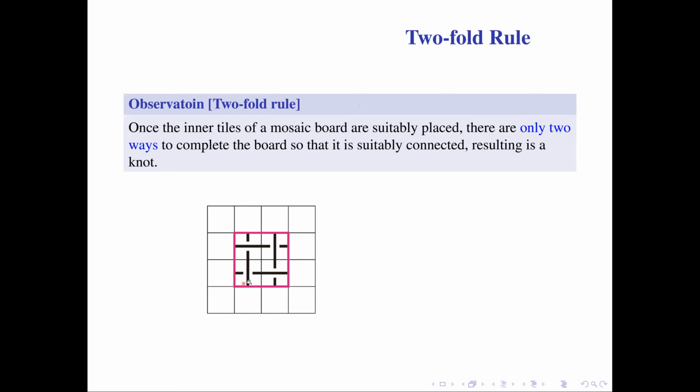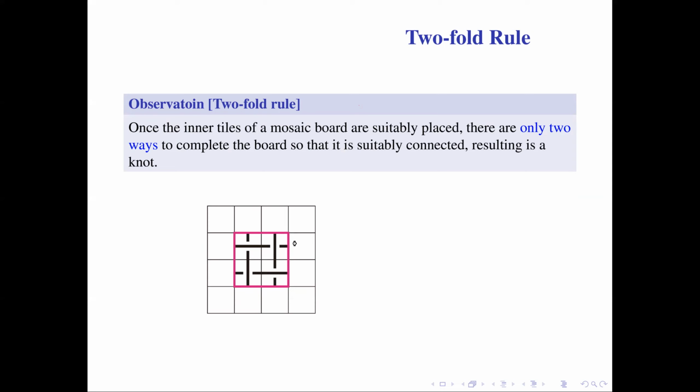Here, all tiles within the pink boundary are inner tiles. Right? So if the inner tiles of a mosaic board are suitably placed, then there are only two ways to complete the board so that it is suitably connected, resulting in a knot.